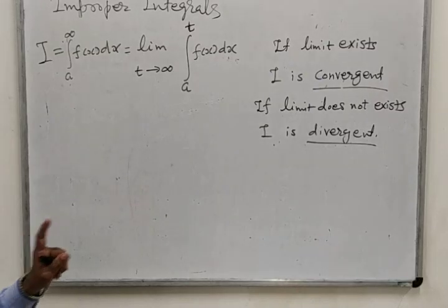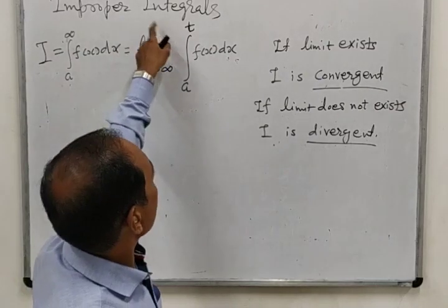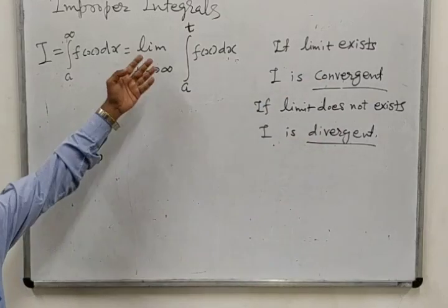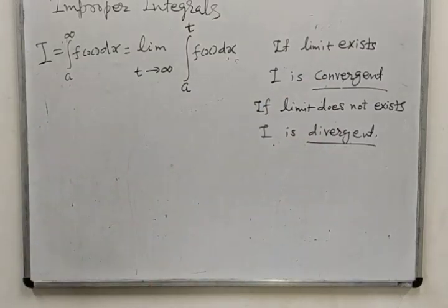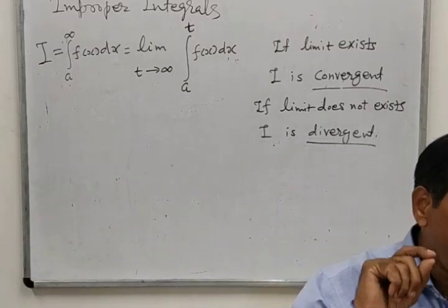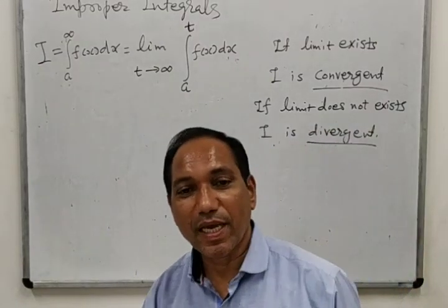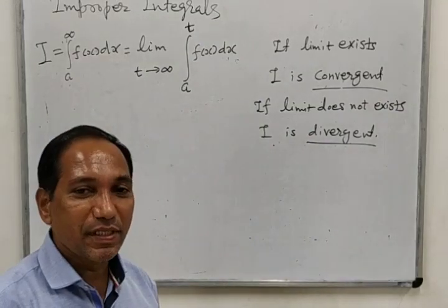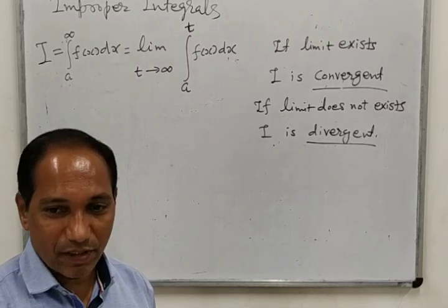So here we will focus on improper integrals in two things, convergent and divergent. If during the solution we get a proper value, we say that it is convergent. If we do not get a proper value, that is, if we get plus infinity or minus infinity as an answer, then we say that it is divergent.